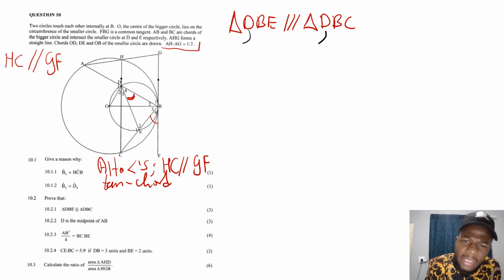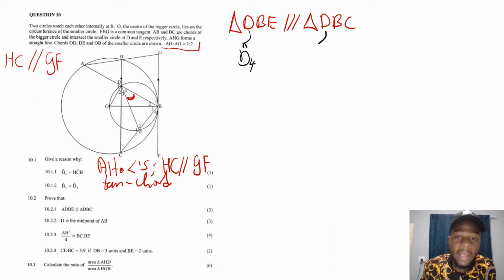Angle D in triangle DBE, let me erase this first. The angle D they are talking about in triangle DBE is D4. Now let's check angle D in triangle DBC. The D they are talking about is D3 and D4.